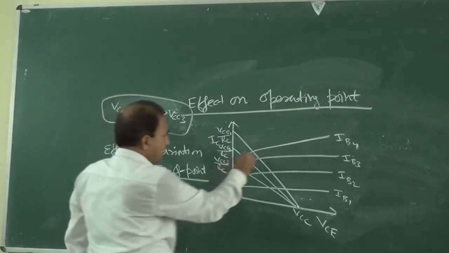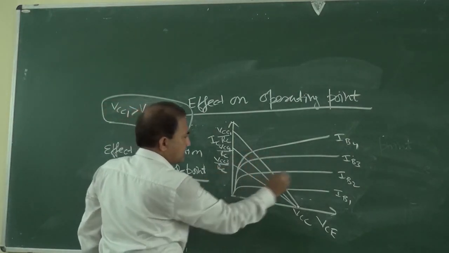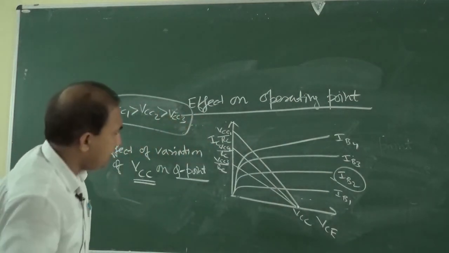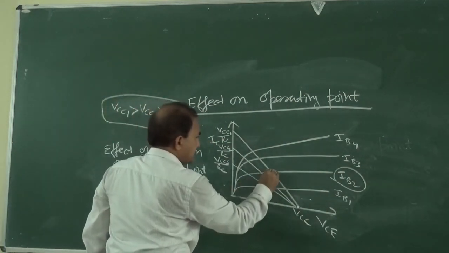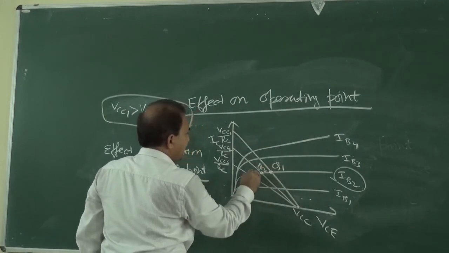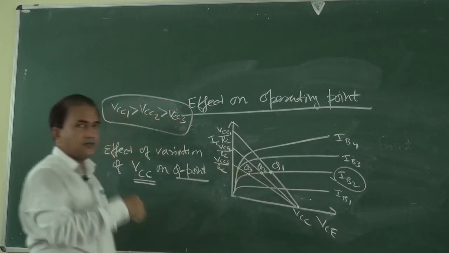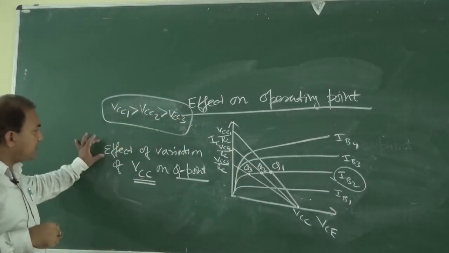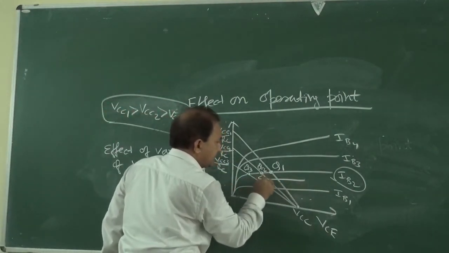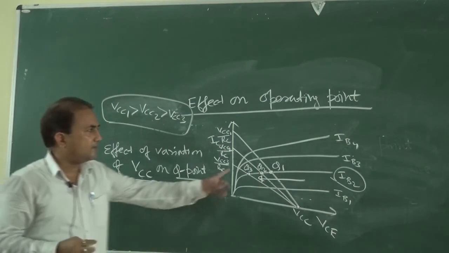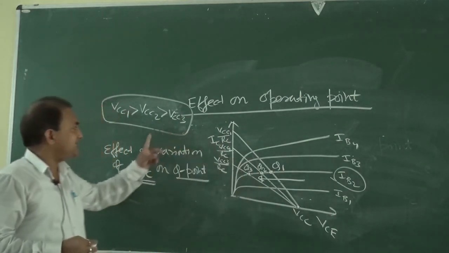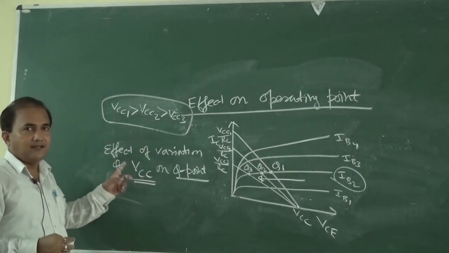Now suppose for a particular IB2 we are observing the Q point. So this is Q1, Q2, and Q3. We are seeing the effect of variation of VCC on the Q point. This is the variation of Q point because of the change in VCC.